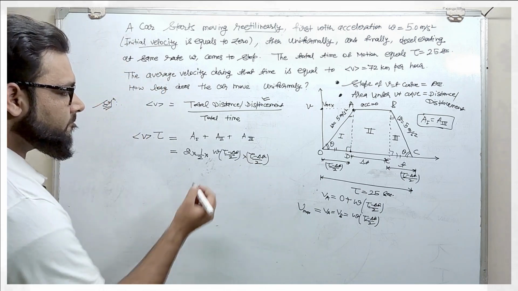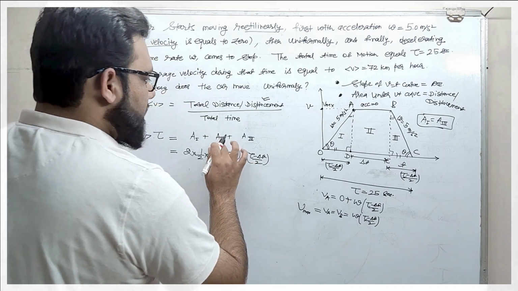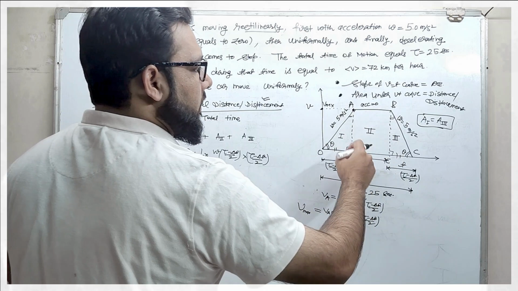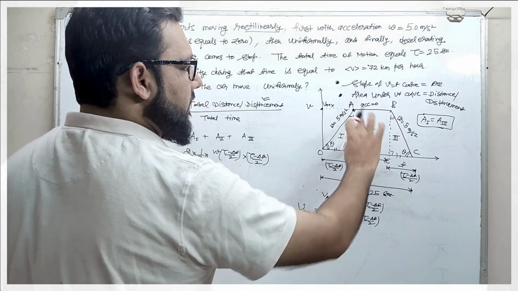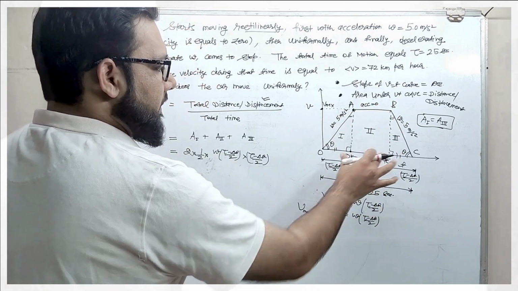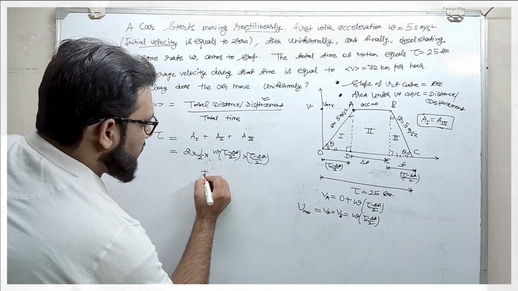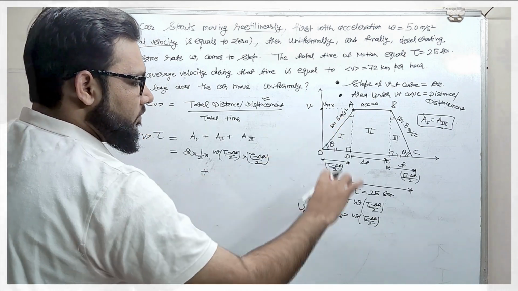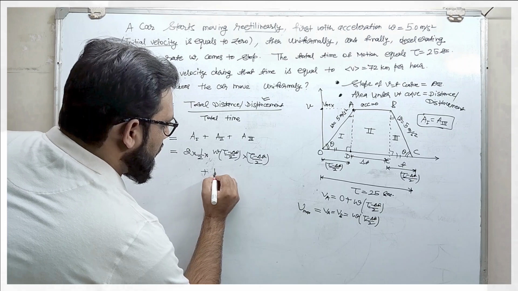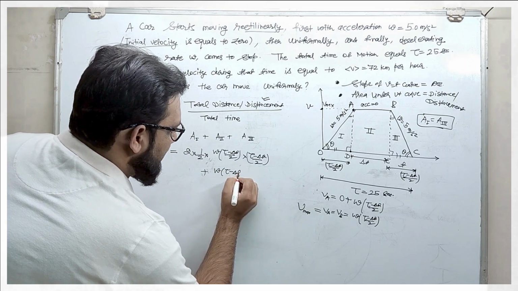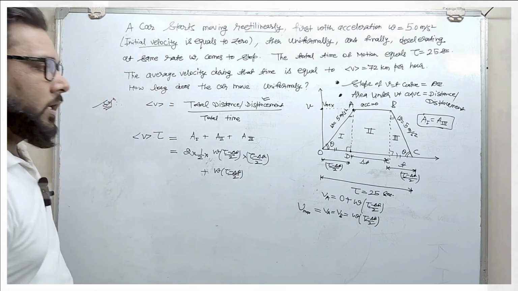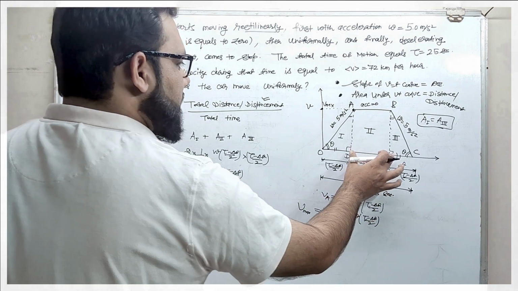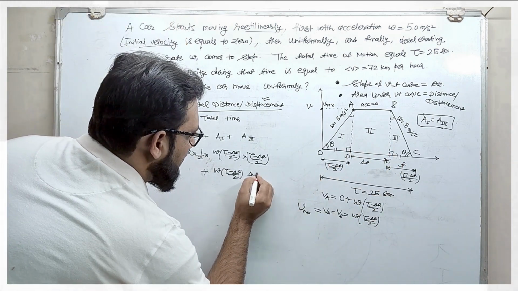Is it okay guys? And the area of this rectangle will be height Vmax times delta t. So I am writing this here: the height is Vmax, that is omega (tau minus delta t) divided by 2, and the width is delta t.